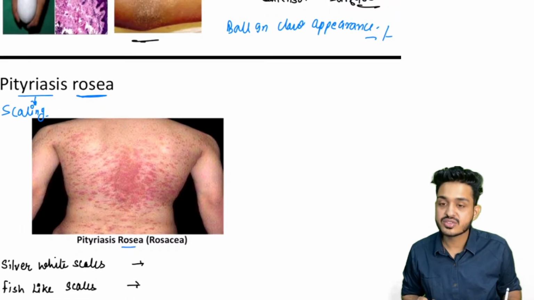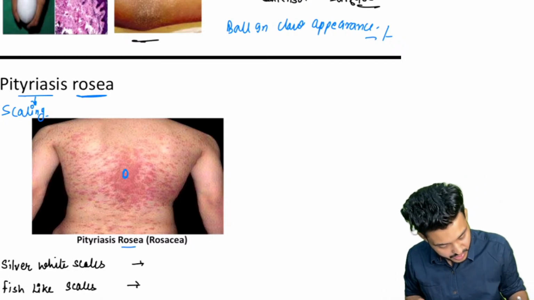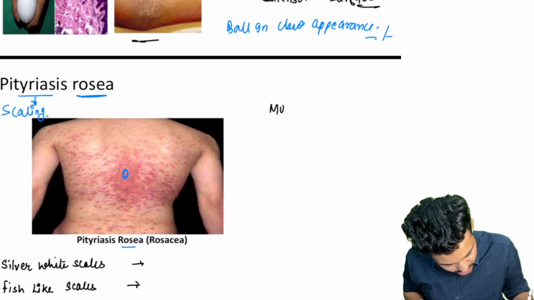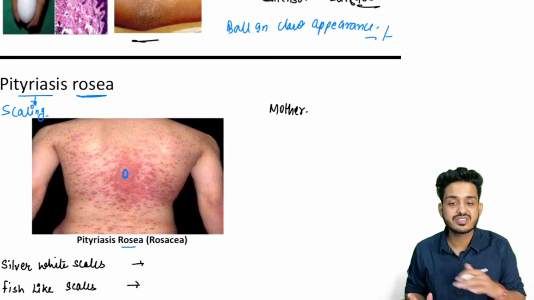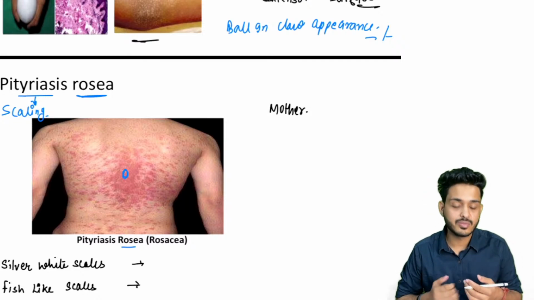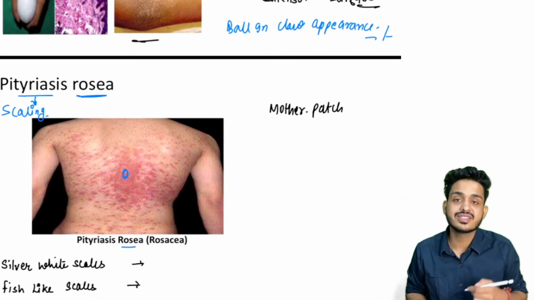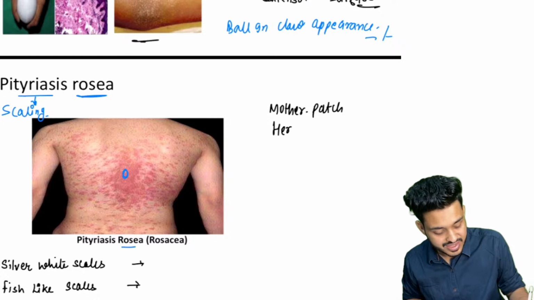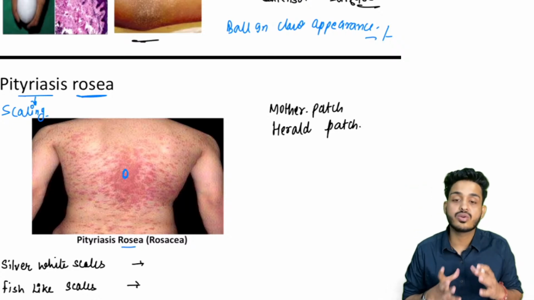In pityriasis rosea, first there will be formation of a single patch. Now you know what a patch is. A patch is a flat lesion, more than 1 centimeter. So there will be formation of a small patch that is known as the mother patch, also known as the herald patch.